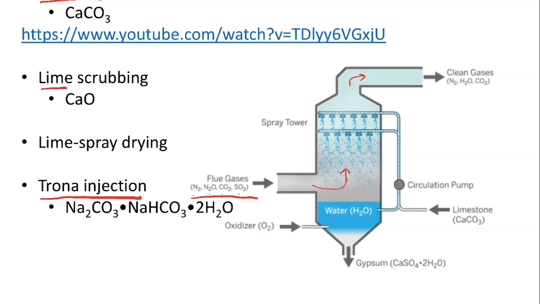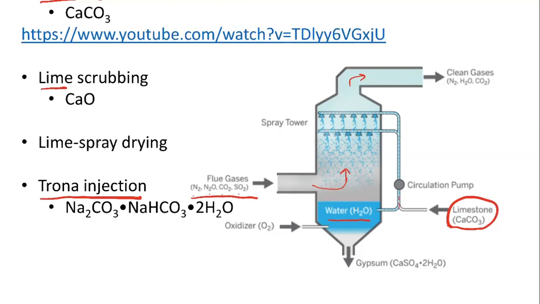And then at the bottom of this reactor here, we have water, and we'll also introduce the ground limestone or the limestone slurry. So what we can do is mix them together, and then feed them into the spray tower.